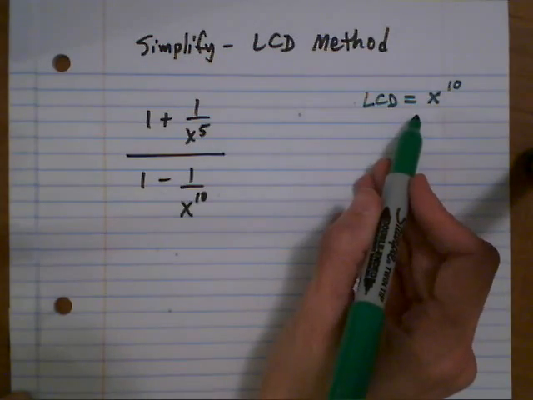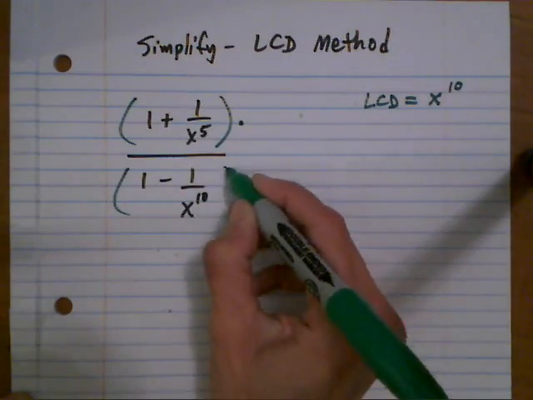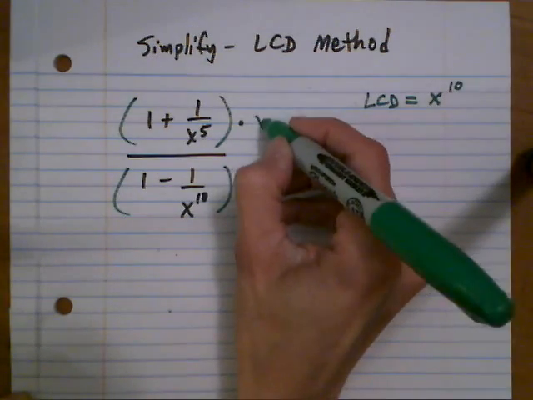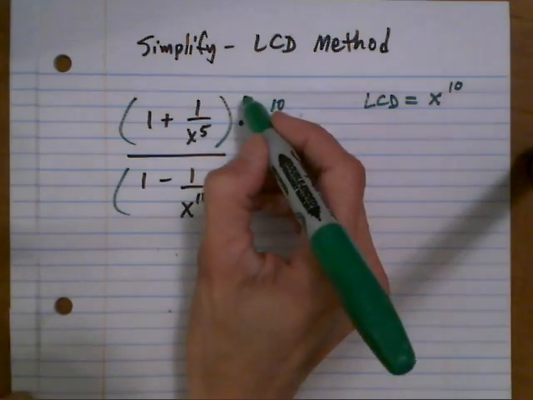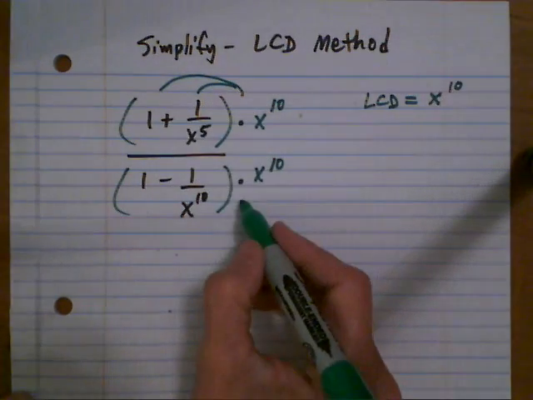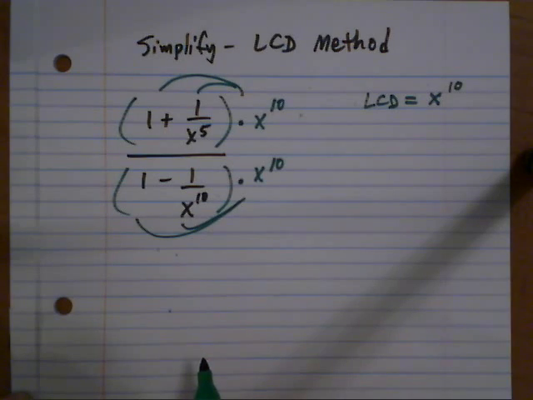And we're going to take the LCD, x to the 10th, and multiply the top and bottom of our complex fraction by the LCD. That means it distributes into the top and distributes to the bottom. So each term gets the LCD.